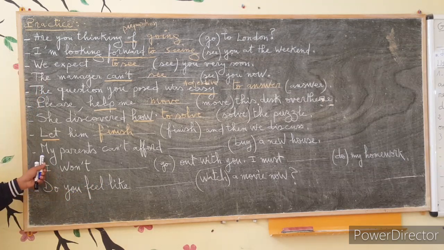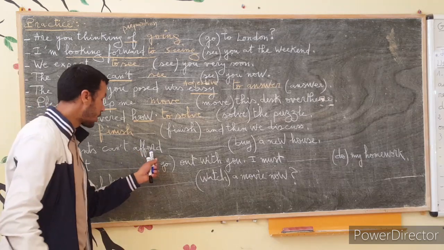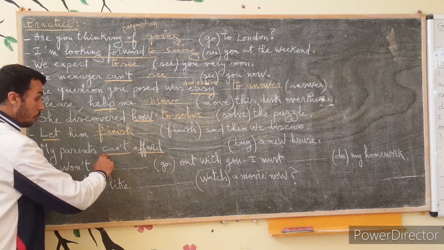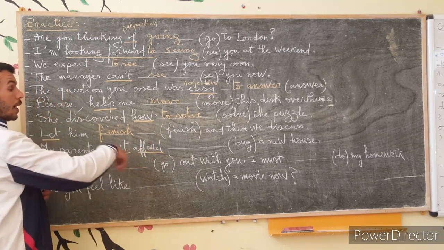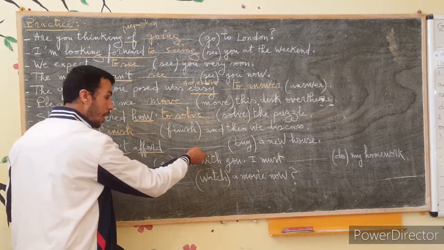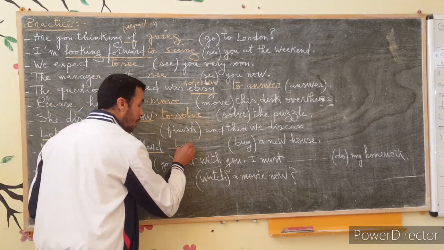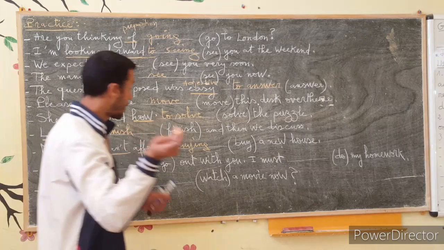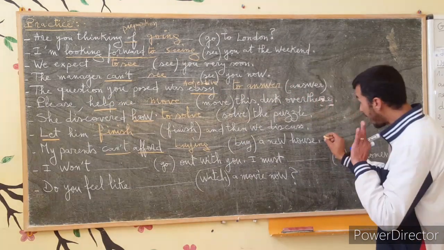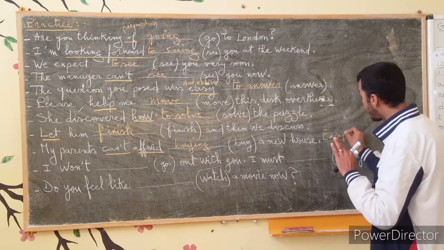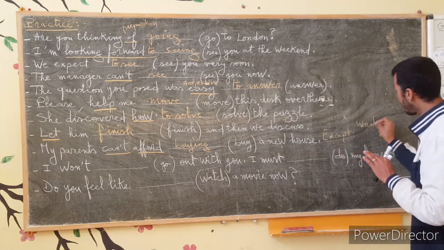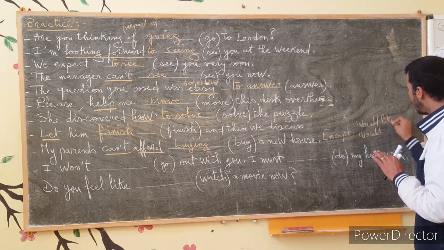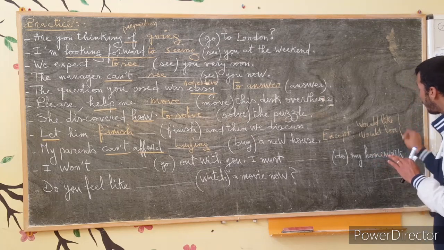The next example here, my parents can't afford. We have can't, a modal, and afford, a verb. So whenever we have modal plus verb, then the verb that comes after that is written with -ing, except, as I mentioned before, would like or would love.